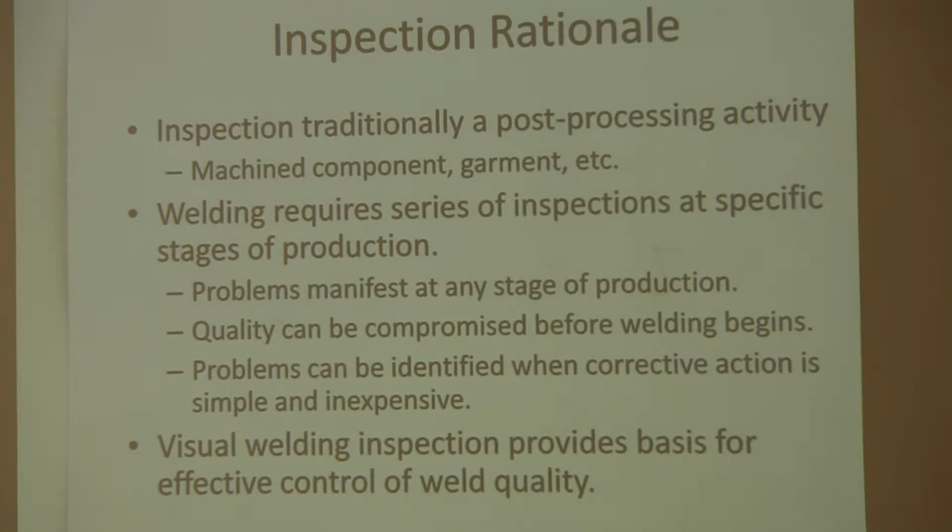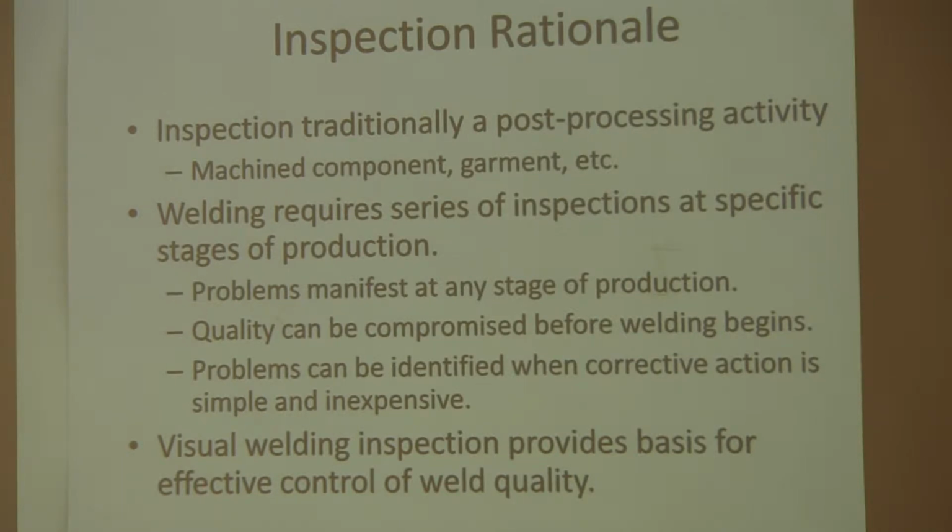And so as part of the inspection process, you need to be inspecting as things go along. And problems can be identified when corrective action is simple and inexpensive. It's much easier if this is misaligned to fix that than to weld it all up and then say, oh no, that was misaligned, we've just got to scrap that piece.